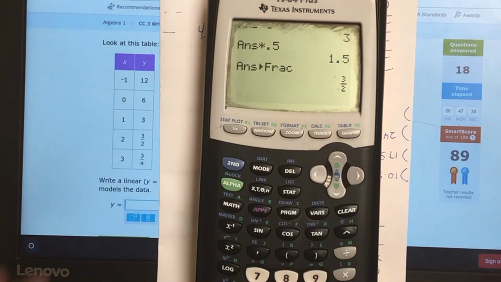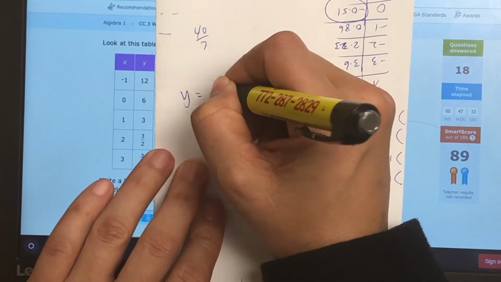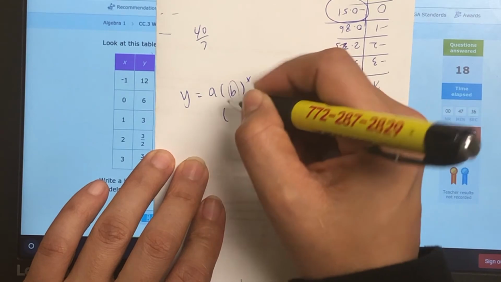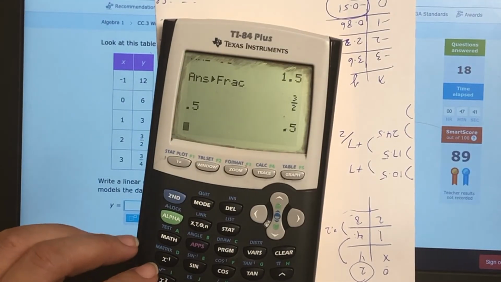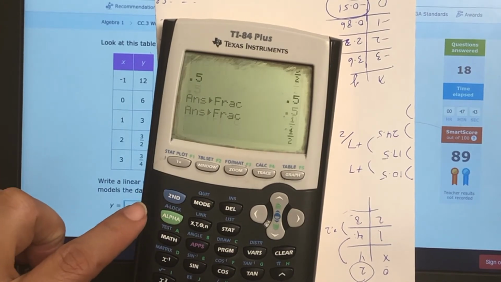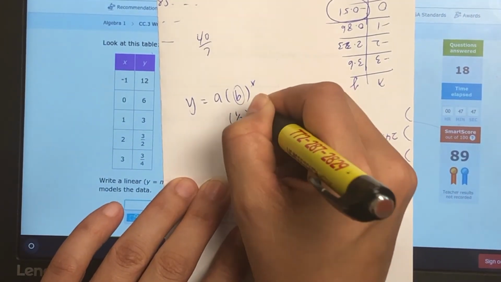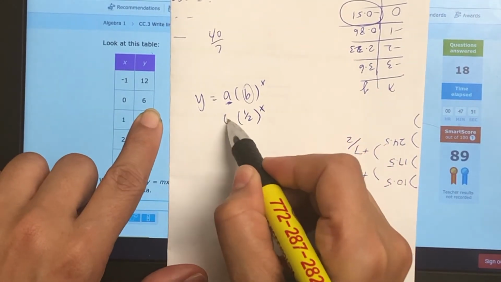Yes, so it's exponential, by 0.5. So y equals ab^x. So this is 0.5, which, by the way, if I press enter, then math enter enter, is 1/2. So I don't know if IXL will take a decimal. So a is where x is equal to 0, which is 6.